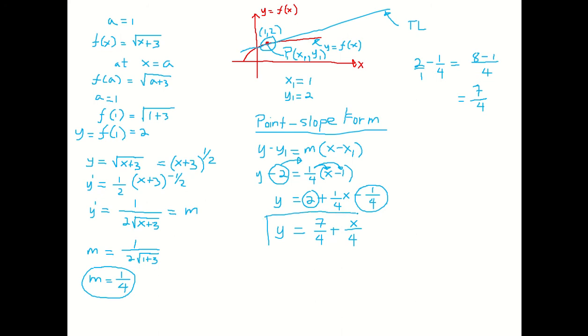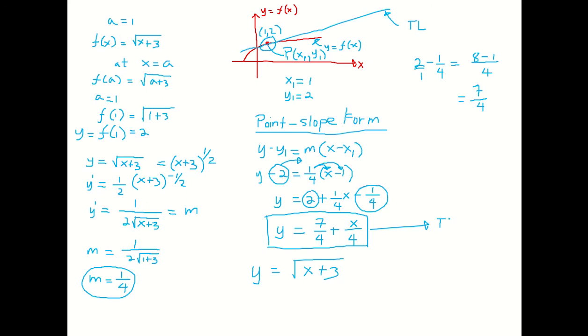So it means that, from the concept that we had discussed earlier, instead of using y equal to the square root of x plus 3, we opt to use this, because this is the function, the equation of the graph, and this is the tangent line.